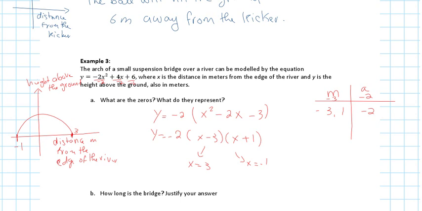If your river is here, part of the bridge is 1 meter on the left, and the other part is going to end up 3 meters on the right. Does that make sense?